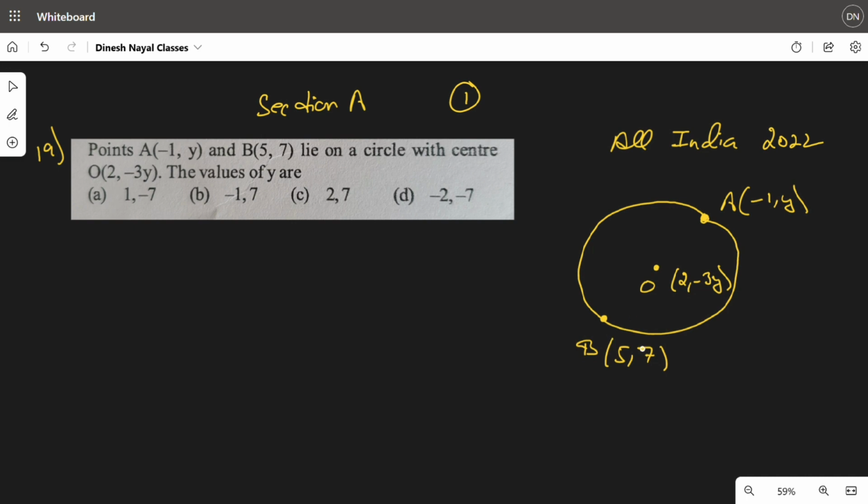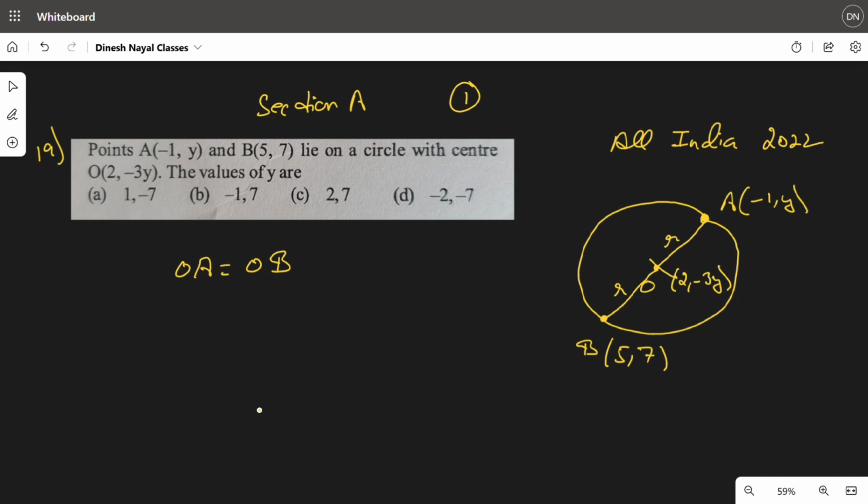Now if you join them, you see, what is OA? OA is actually the radius of the circle. Similarly, OB will be the radius of the circle. So now since they both are radii of the circle, we can write OA equals OB.